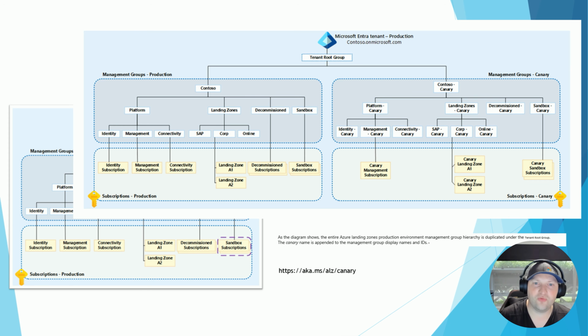And I'll get more onto why the canary model here kind of makes a bit more sense. Again, these are just with the cloud adoption framework and the well architected framework by Microsoft. There are frameworks. You really need to take what your organization requirements are and make sure that whatever you do works for you, but can scale.